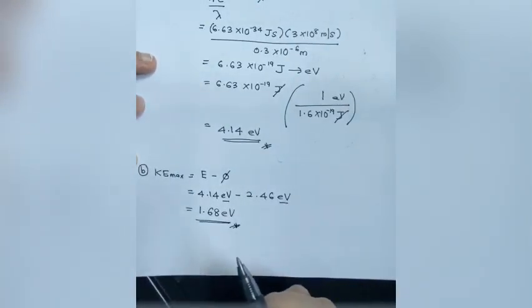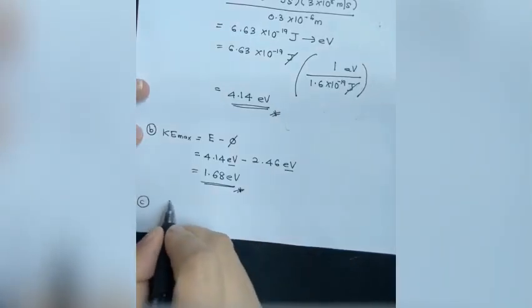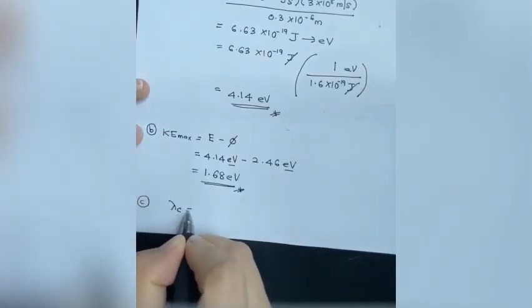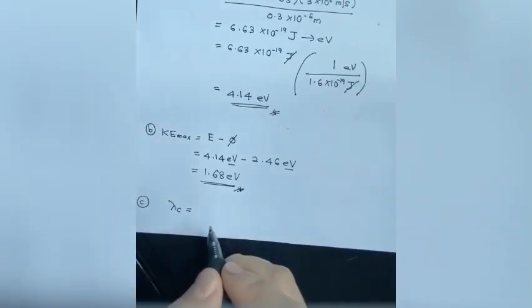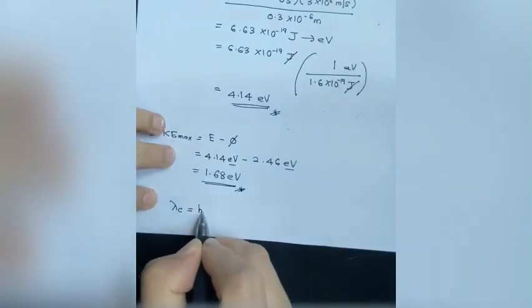Next, you want to calculate the cut-off wavelength for sodium. You can use the formula: lambda C, the cut-off wavelength, is equal to hc divided by the work function.